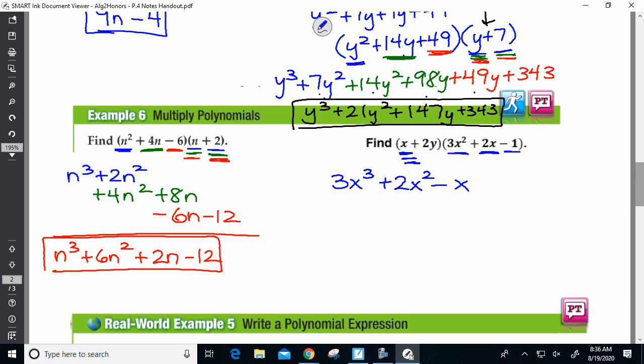Now we're going to multiply with the 2y. 2y times 3x squared is plus 6x squared y.